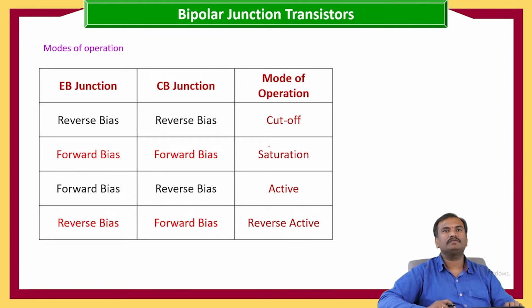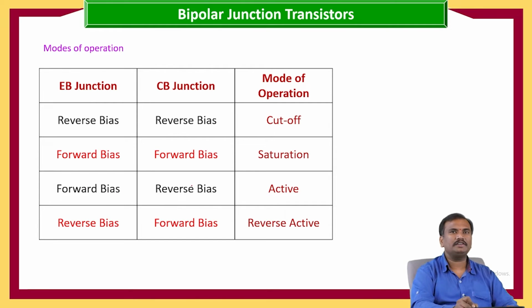Emitter base junction is forward bias and collector base junction is reverse bias. In that condition, the mode of operation is active.